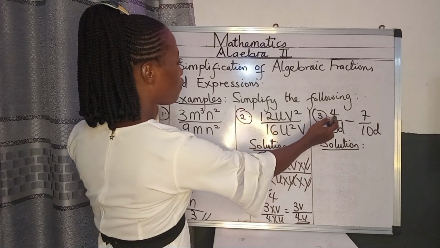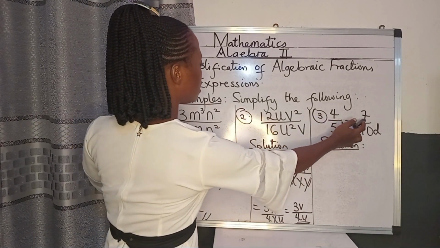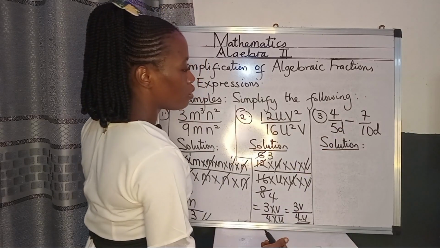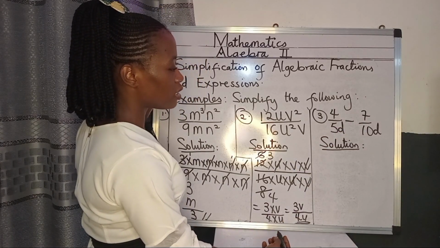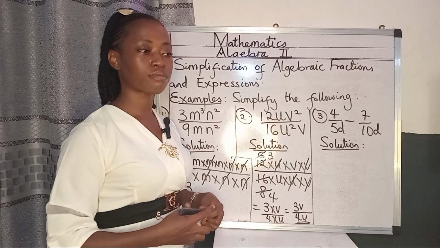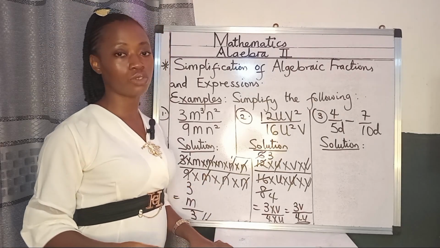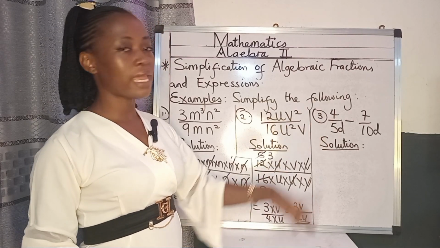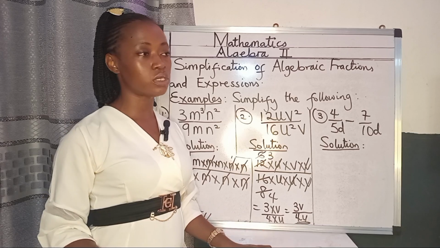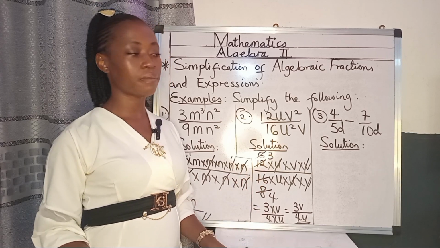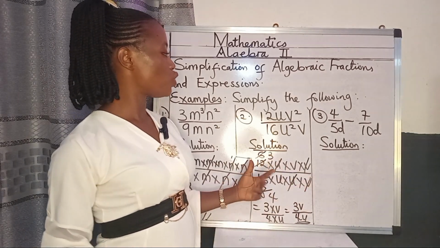For this, we have 4 over 5d minus 7 over 10d. Now to do this, just like when you solve subtraction of fractions, these are unlike fractions, and for unlike fractions, you find the LCM.